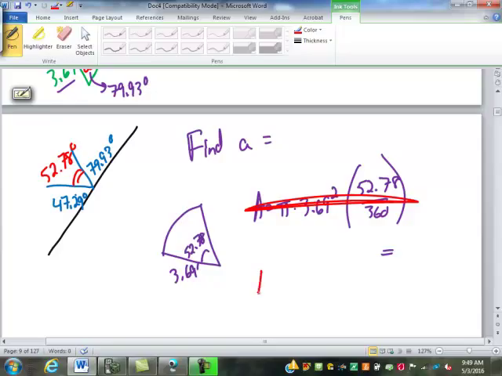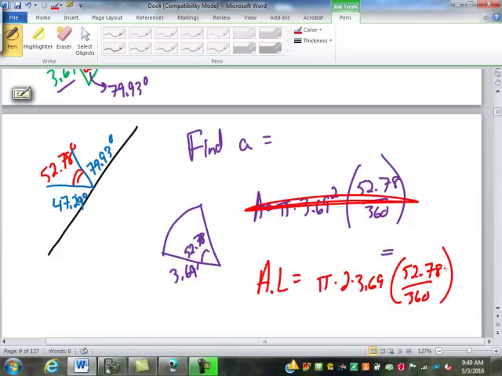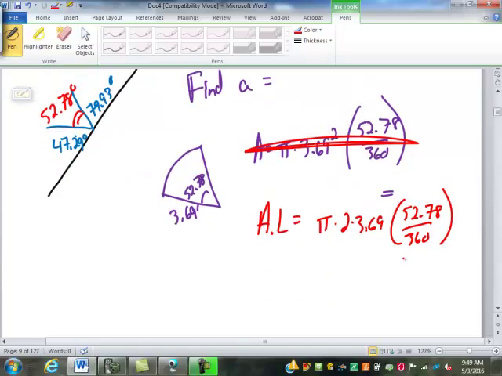Arc length. I am sorry. Arc length should be pi times 2 times 3.69 times the angle of 52.78 over 360. That really changes that, doesn't it? What is it? 3.4? Is that what everybody comes up with? 3.399, so 3.40 feet. Okay, very good.